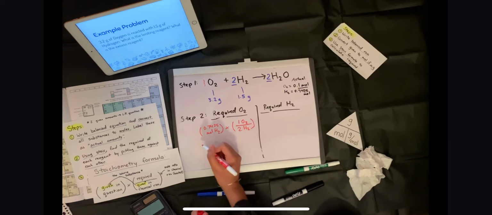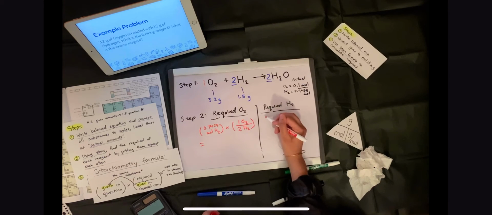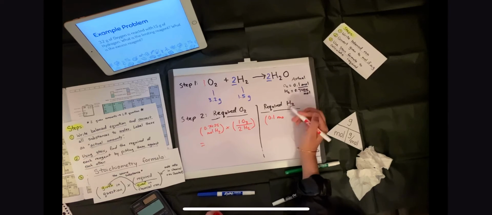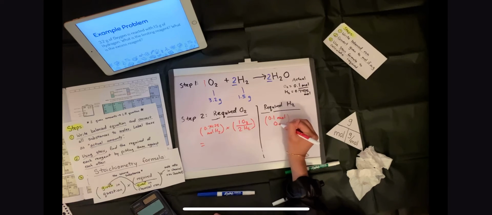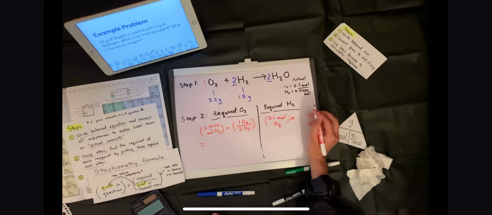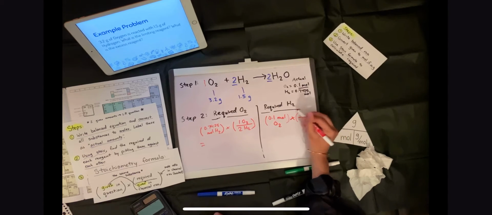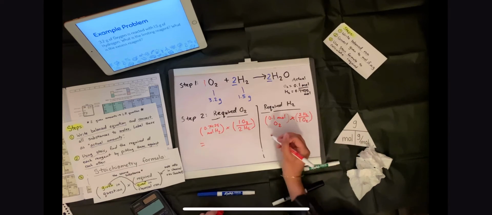And for this side, 0.1 mole, because from here we use the oxygen one. You multiply that by the other one. Hydrogen. So we write hydrogen here and 2, and under it we would put oxygen, which is 1. So now I'm going to go ahead and calculate them.